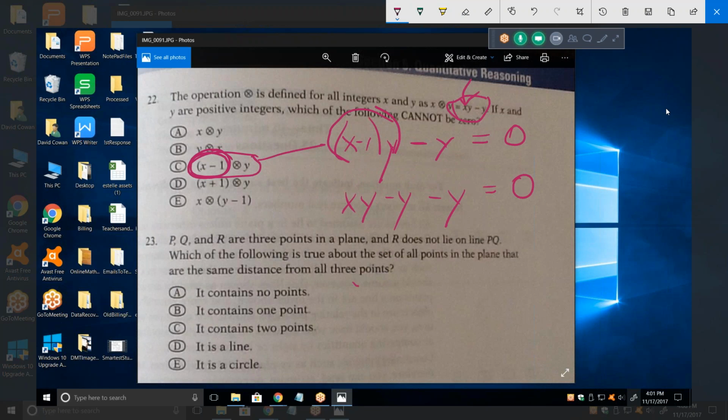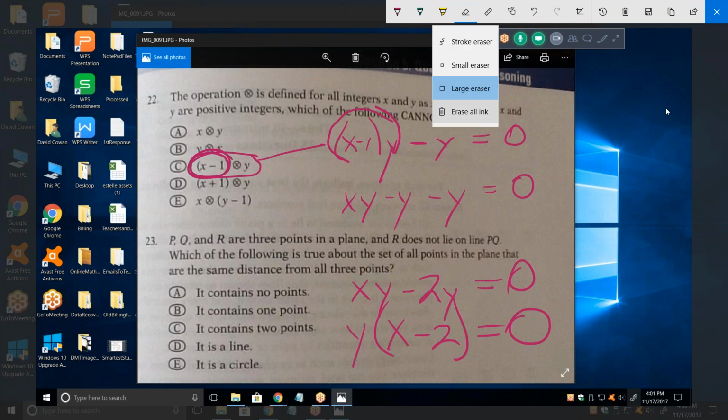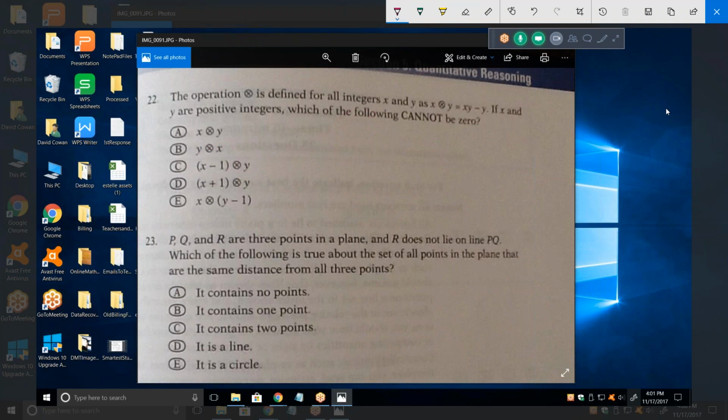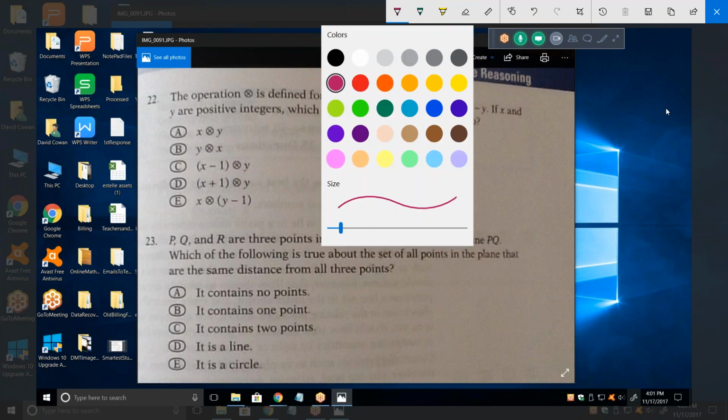So xy minus 2y equals 0. I can still factor the y out, leaving x minus 2 equals 0. And that whole thing is 0 whenever y is 0 or whenever x is 2. Correct. All right. So that can't work. Right. Now we'll go to number D.